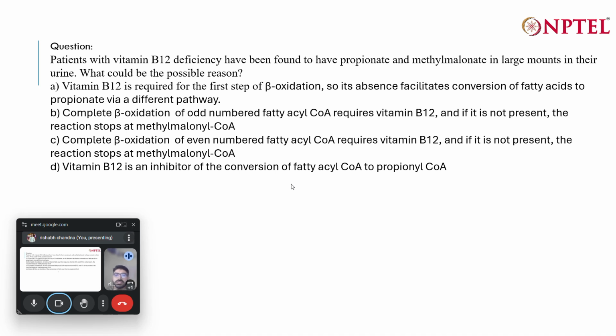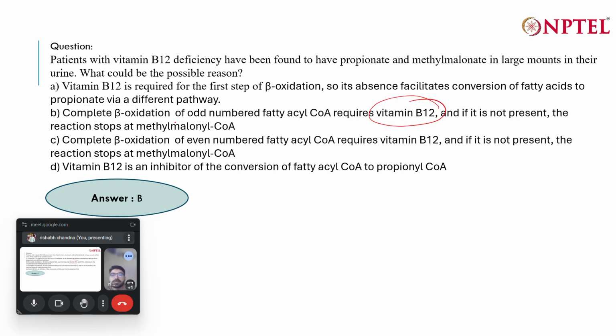Okay, so the correct answer is option B. Vitamin B12 is required for the enzyme that converts methylmalonyl coenzyme A to the product. If it's not present, the enzyme that converts methylmalonyl coenzyme A stops.